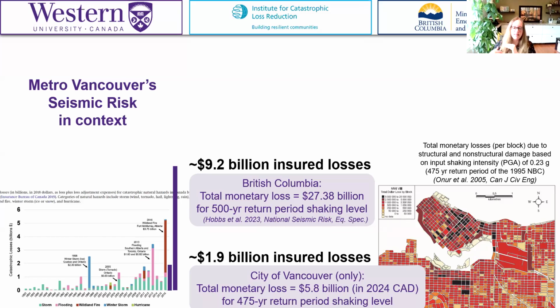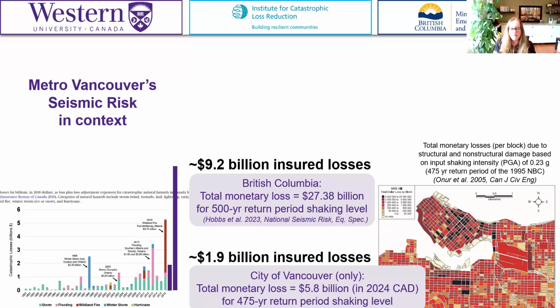It's going to be bigger than just the city of Vancouver itself, but it's going to be smaller than all of British Columbia. But on a scale of what's happening in terms of paying out insured losses for hazards in the last few years in Canada, we are talking proportional to bigger than the normal 3 billion in insured losses that are happening annually for other hazards combined in Canada.